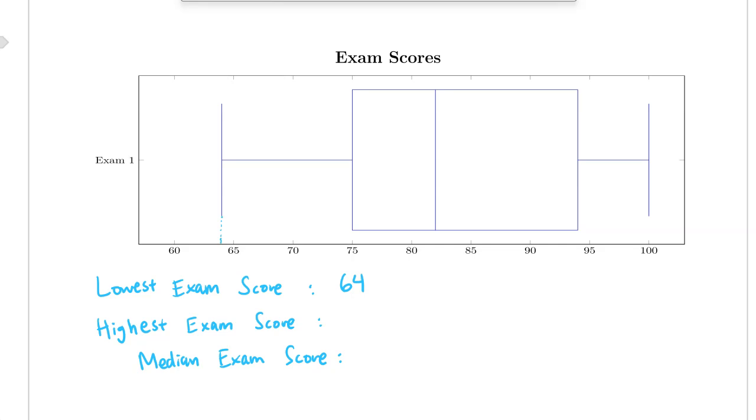The highest exam score that anyone received was a 100. And then here we can see that the median exam score was an 82. And again, the median exam score means that half of the class got below an 82 and half of the class got above an 82.